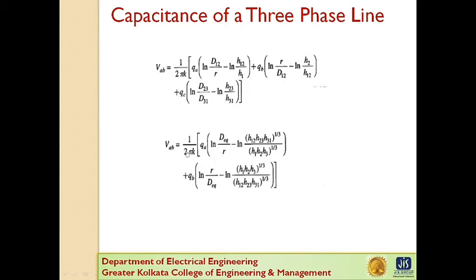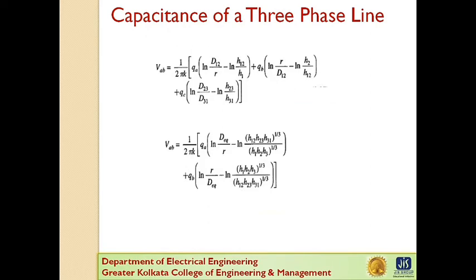VAB is equal to 1 by 2 pi K, QA ln D equivalent by R minus ln of (H12 H23 H31) whole to the power 1 by 3 by (H1 H2 H3) whole to the power 1 by 3, plus QB into ln R by D equivalent minus ln of (H1 H2 H3) whole to the power 1 by 3 by (H12 H23 H31) whole to the power 1 by 3.